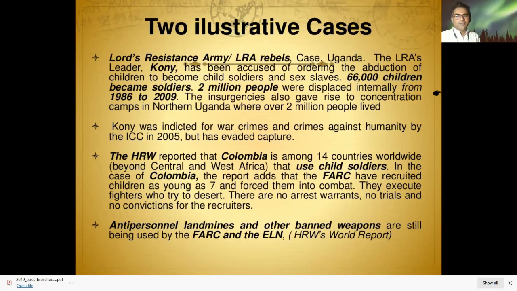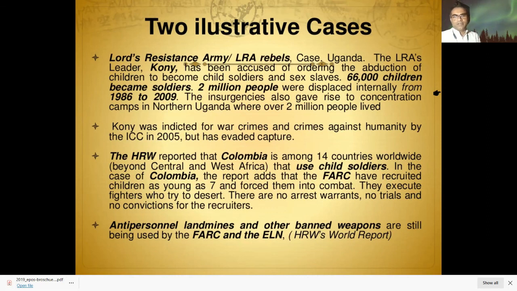HRW reported that Colombia is among the 14 countries worldwide, beyond Central and West Africa, that use child soldiers. In the case of Colombia, the report adds that the FARC have recruited children as young as 7 and forced them into combat. They execute fighters who try to desert.